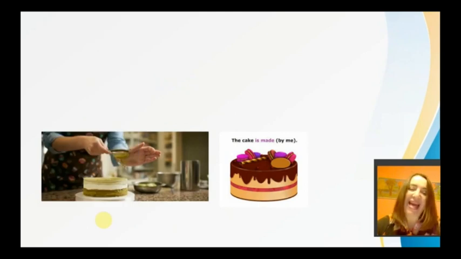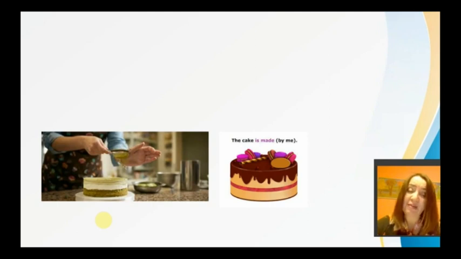Okay. After music, it's time for food. Do you like cakes? Is there anybody on this planet who doesn't like cakes? In the first picture, somebody is making a cake. In the other picture, the cake is already made or finished by me or somebody else.